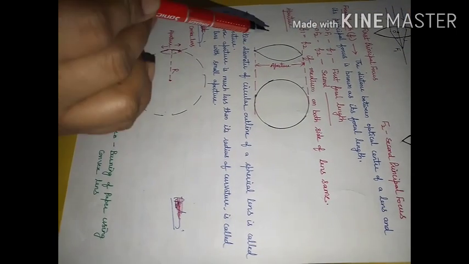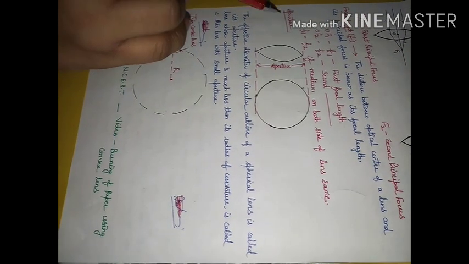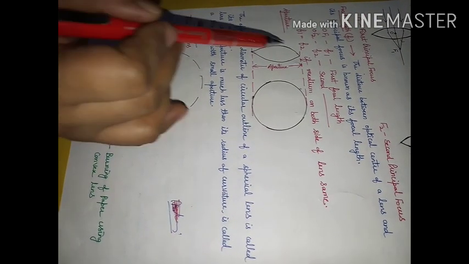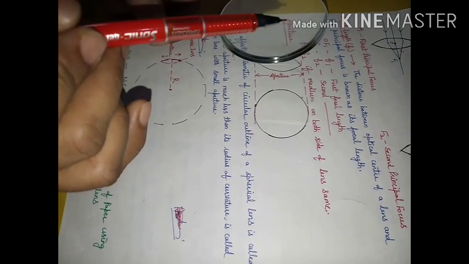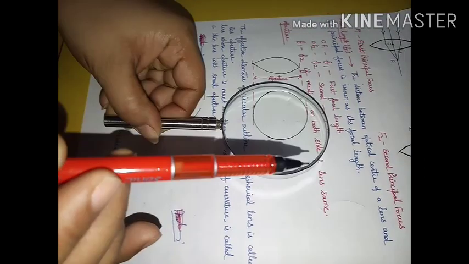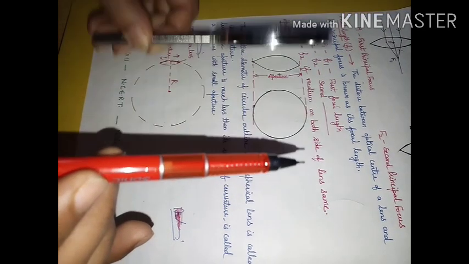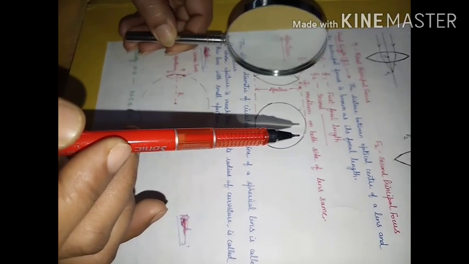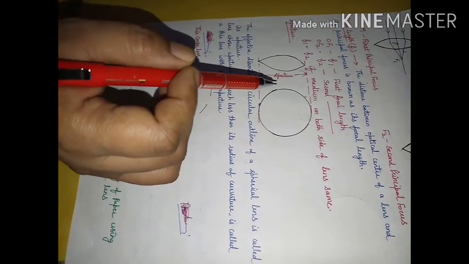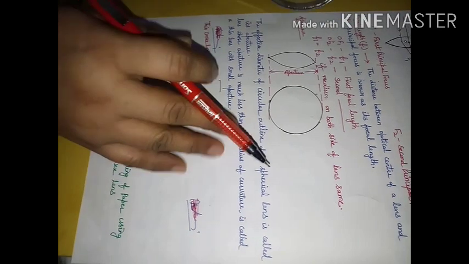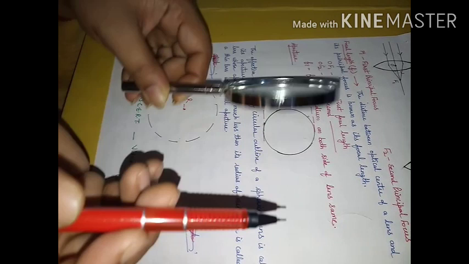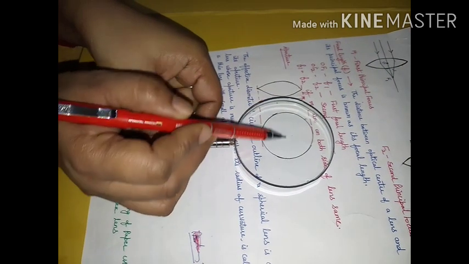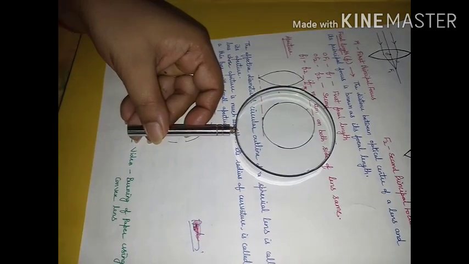Next we are going to consider aperture. When we are talking about aperture, in this figure I have kept the lens like this, and in this figure I have kept the lens like this. Either I keep it like this or like this, in both cases the diameter will remain the same, and the diameter of this will be known as the aperture.